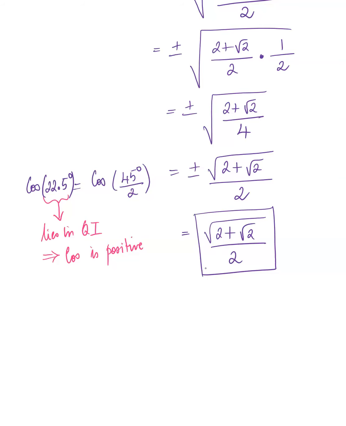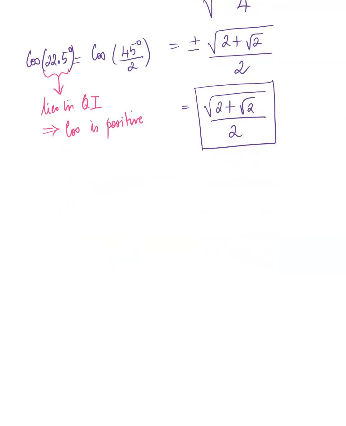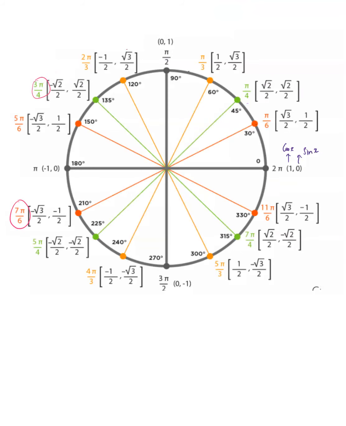And you could do this for another one too, so let's work on this one. Find the exact value of cosine 112.5 degrees. Okay, so do 112.5 times 2, and that comes out to be 225. Go to your unit circle and see if there is a 225 degree.